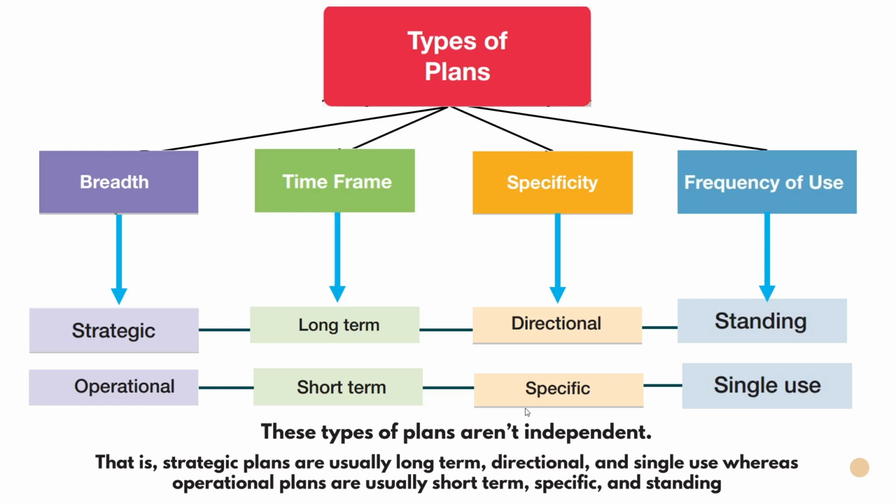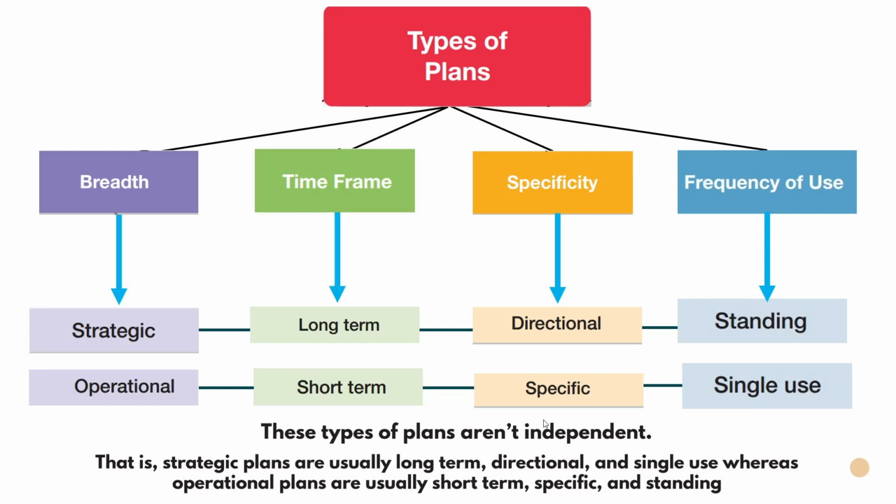So these categories will help managers choose the right type of plan depending on the situation and the organization's needs. And it's important to note that these types of plans aren't independent. They often overlap and work together. For example, strategic plans are typically long-term, they are also directional, and it could be single-use.